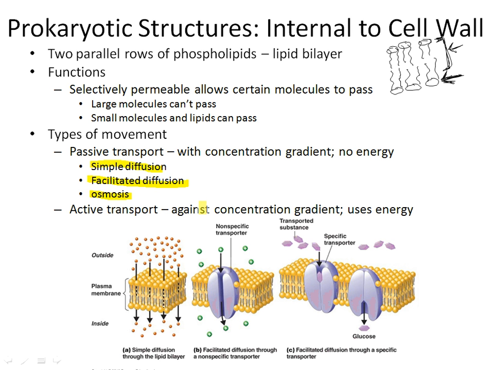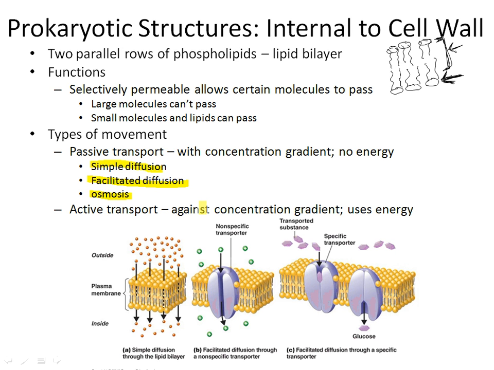One of the ones on the top that's in excess is going to move down here until we reach equilibrium, until we have equal amounts. This would be an example of simple diffusion. That's as simple as it gets. You just got more of them on one side than the other. They can go straight through the membrane, so they even out. That's simple diffusion.